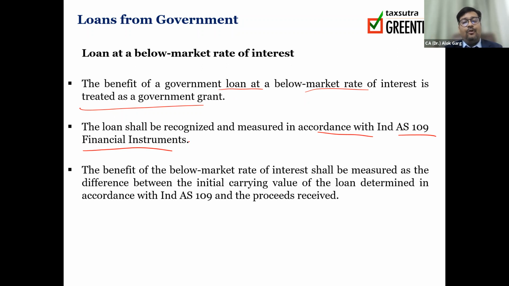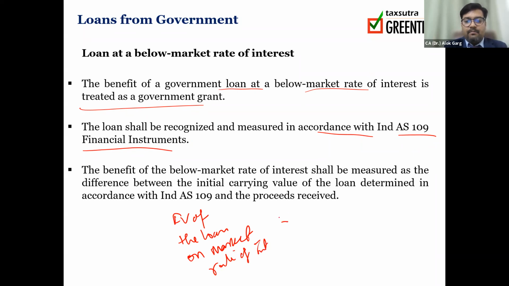So fair value of the loan as per Ind AS 109 minus amount actually received is equal to the value of the government grant. So I can write that fair value of the loan on the basis of market rate of interest, minus money received or proceeds received, loan received, is equal to government grant.